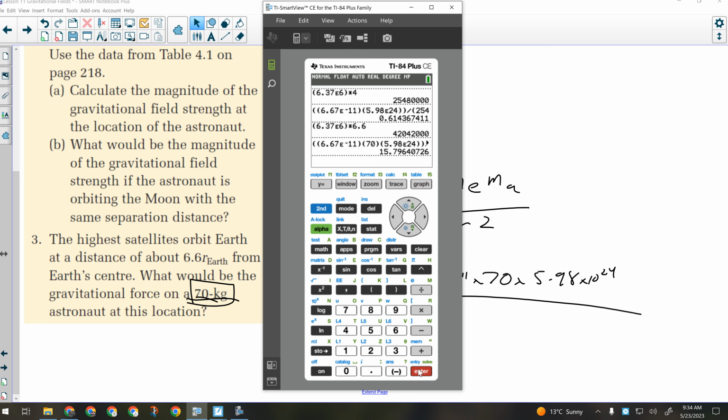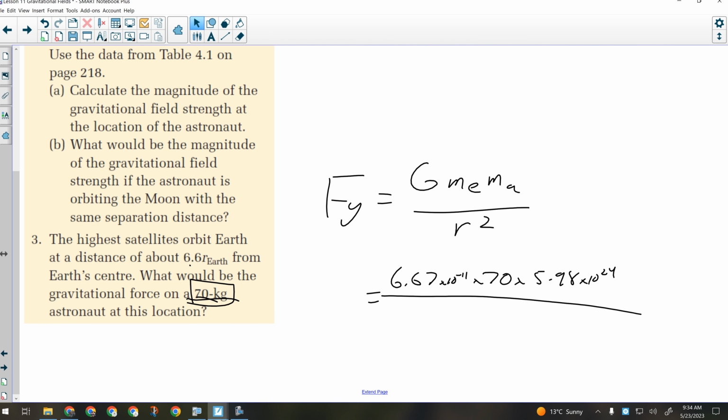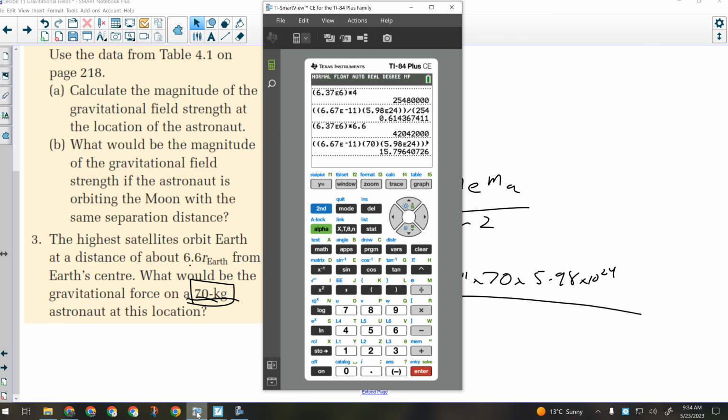So the gravitational force on that person at that distance would be... that would be our measured value, 6.6, so we would have two significant digits, and it would be 16 newtons on that one. Everybody all right with that?